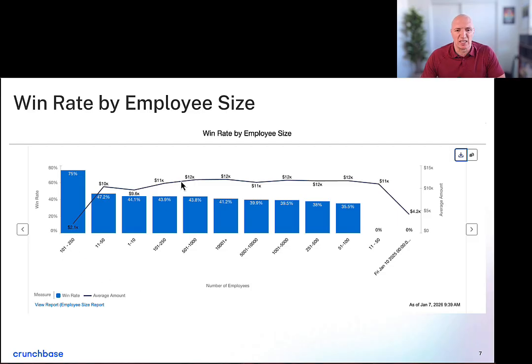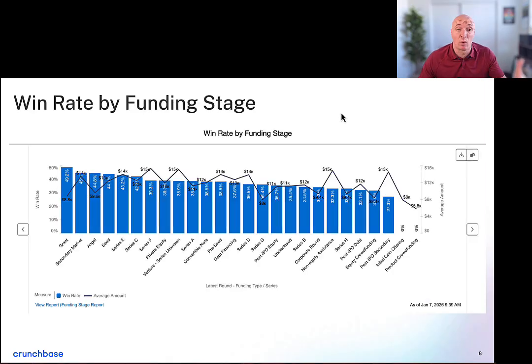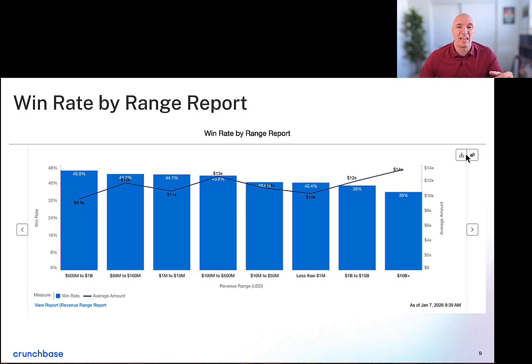But I can see the exact numbers of what we've sold within these different employee size amounts. And I can see that same win rate when it comes to funding stage. So what funding stage is the company in when we sell to them, and by their revenue range. Now, what this allows me to do is quickly start to prioritize the companies that are within these revenue ranges, within these employee counts, etc.